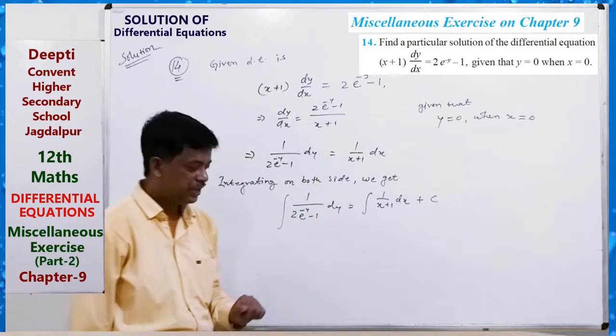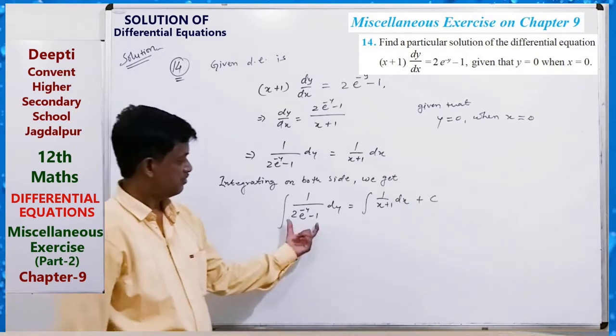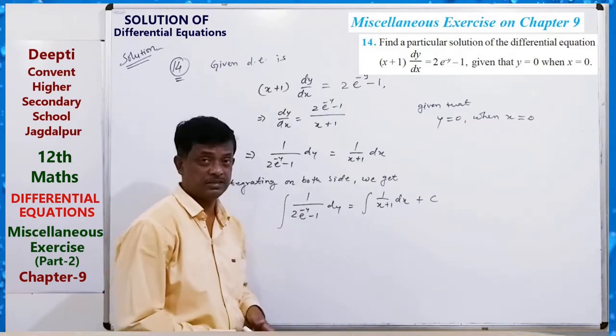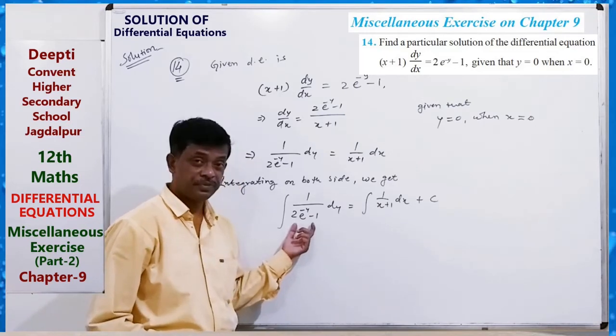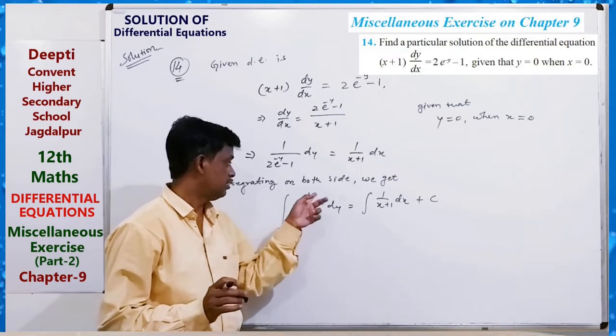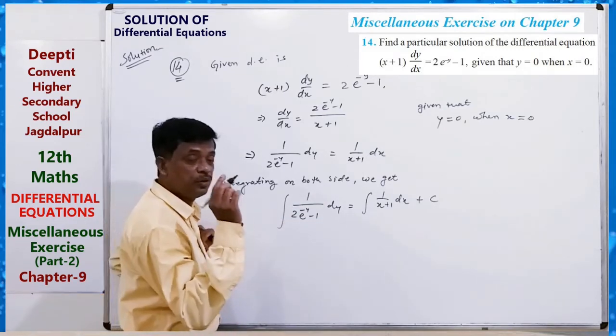Okay. So here, how can we integrate a function like this? Since e to the power y is involved here, we also require e to the power y in the numerator. So multiply the numerator and denominator by e to the power y.